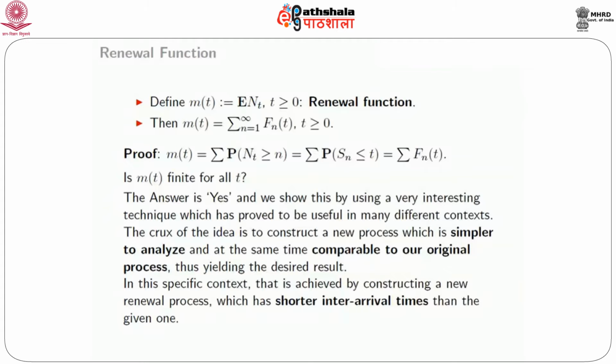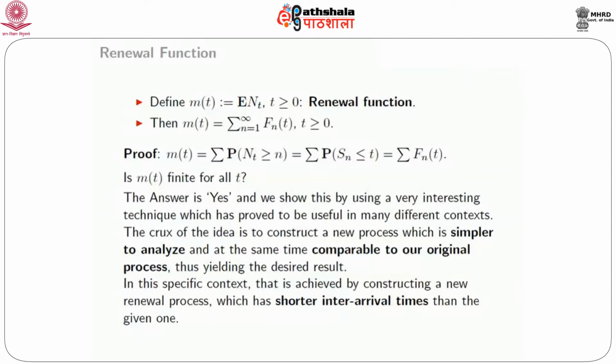We would construct a new process which is much simpler, and therefore it's easier to compute its expected value, but at the same time this simpler process is comparable to the original process N(t), so that by drawing some conclusion about that process, we would then be able to make an inference about our process N(t). That's the whole idea. Well, you will see what we mean by this.